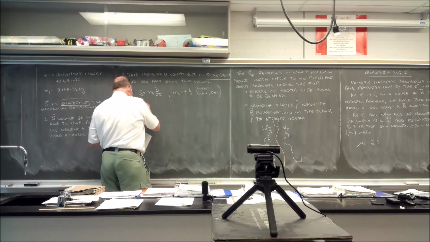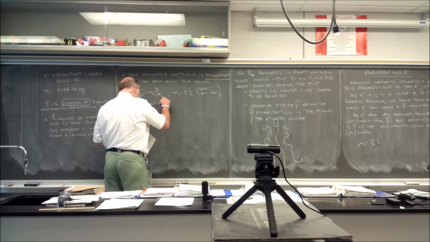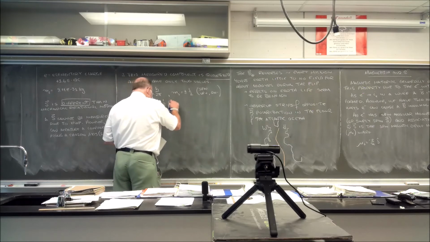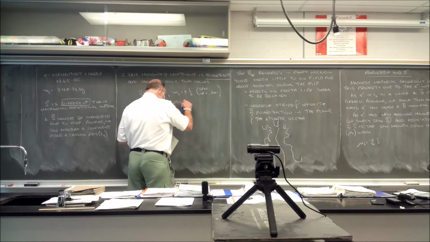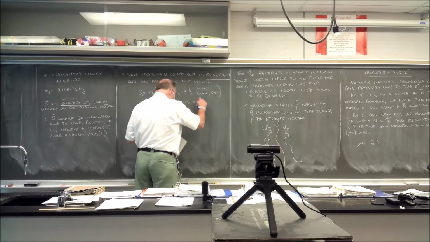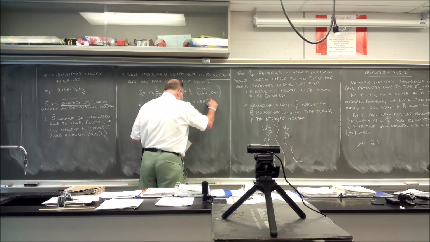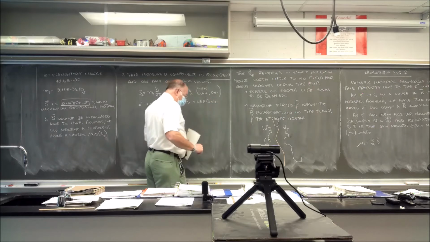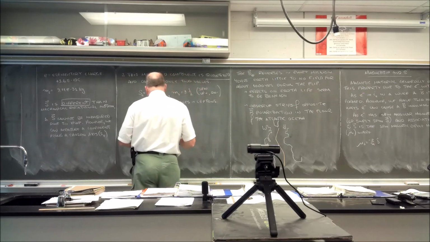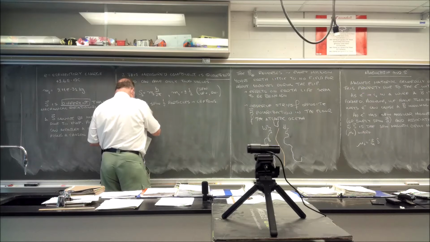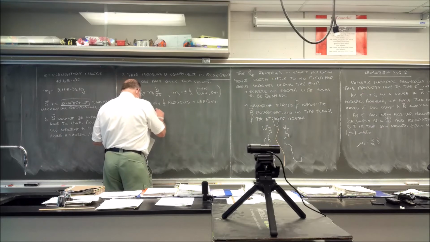So I think I wrote earlier, but I'll say it again, electrons are spin 1/2 particles. They're known as leptons. An electron in the current model is a fundamental particle.